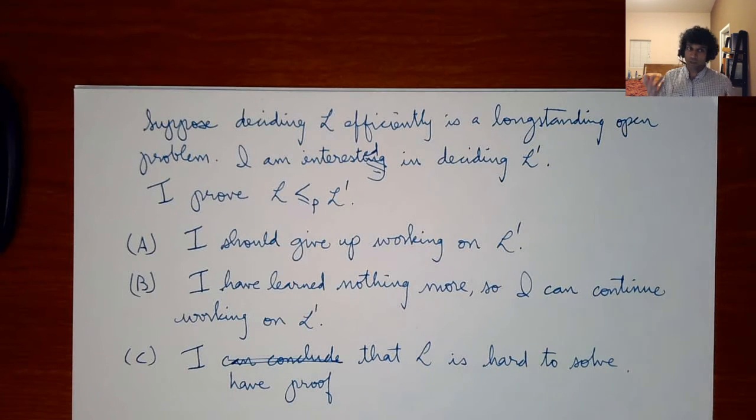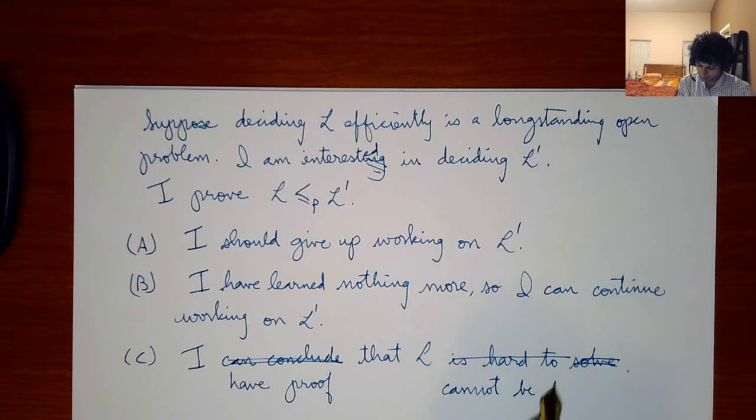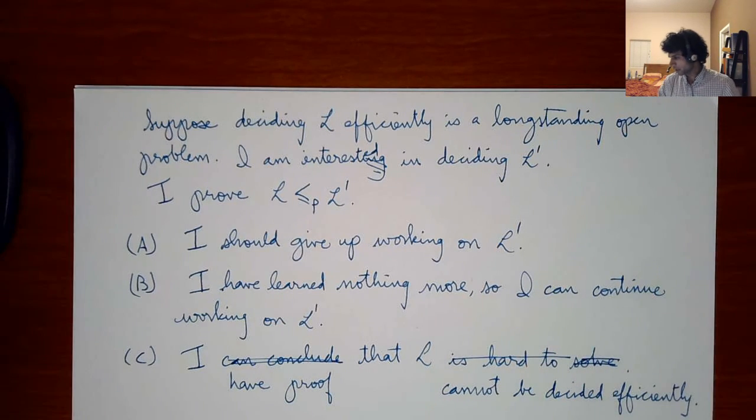People haven't been able to do anything, but that doesn't mean there's proof that it's hard to solve. Or by hard to solve, I should say, is proof that L cannot be decided efficiently. Okay, so I'm going to now run the poll again.